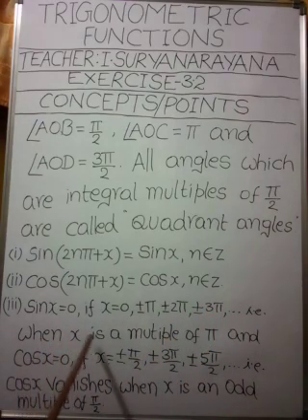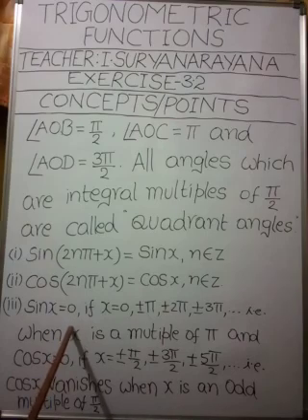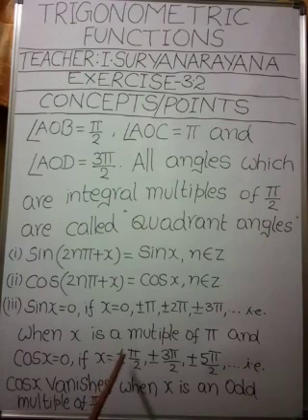That is, if x is a multiple of pi, then sin x value is 0. Similarly, cos x value is 0 if x is equal to plus or minus pi by 2, plus or minus 3 pi by 2, plus or minus 5 pi by 2, and so on. That is, cos x vanishes, meaning cos x value is 0 when x is an odd multiple of pi by 2.